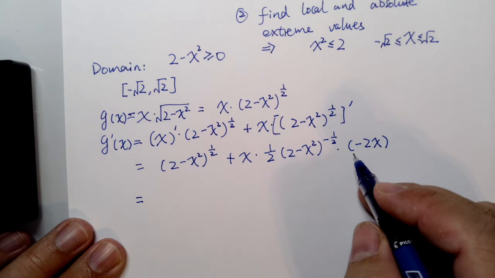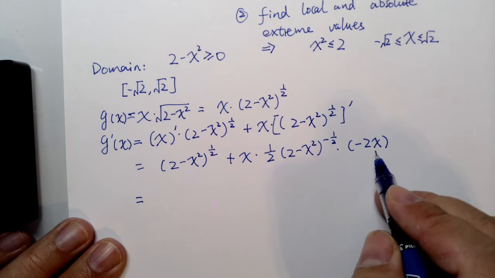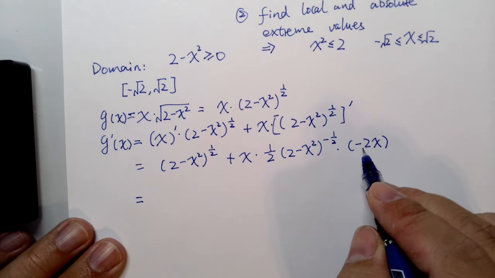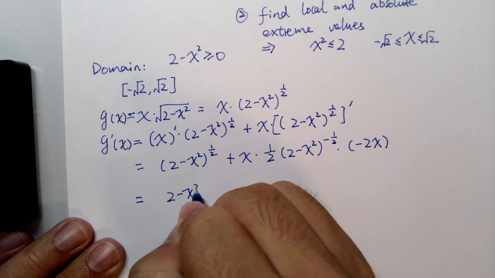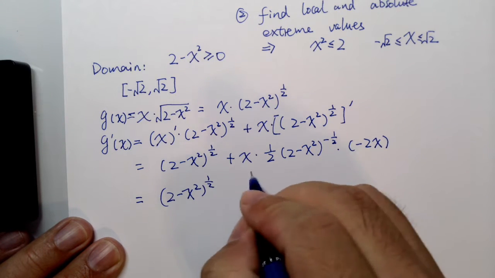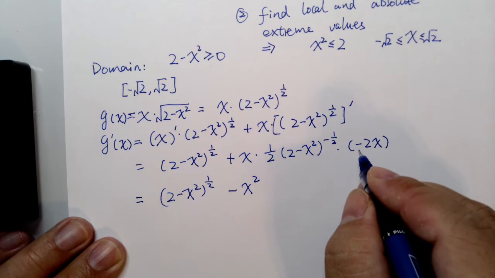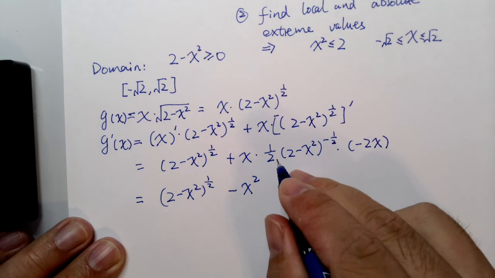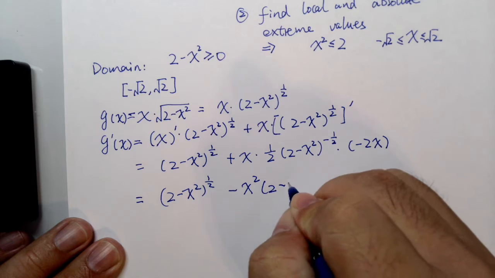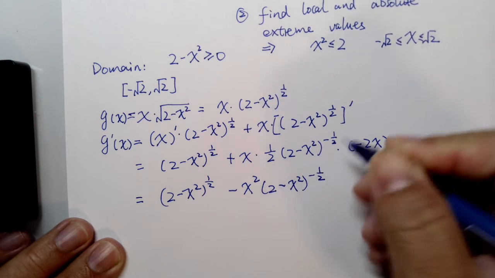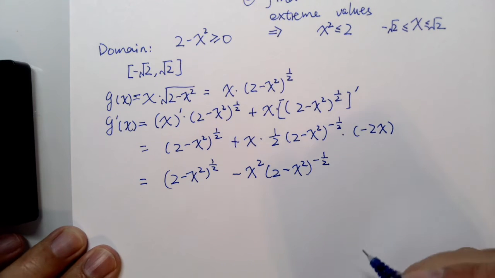So you can see, first of all, you have a 2, 1 over 2, you have a 2x, and then you have negative, so you have x and x. So if we simplify a little bit, we're going to have a minus, because there is a negative here, x times x is x squared, half times 2 becomes 1, 2 minus x squared to the power of negative half. Okay, so that's what we have so far.